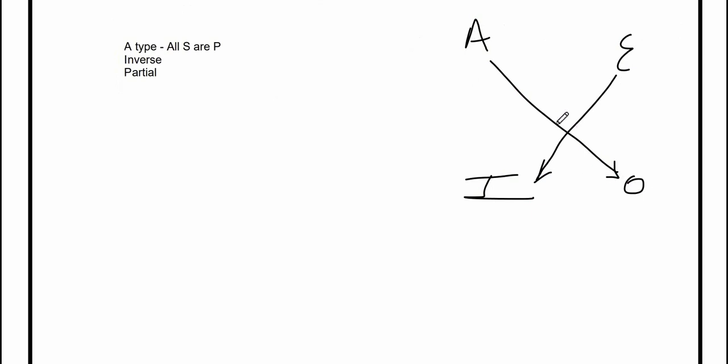This is for the partial, and from A to I and E to O, one-way direction, is for full inverse. So E can be inversed into I type, and A type proposition can be inversed into its O type, partially. If they ask us to do partial inversion, we can do this. But if they tell us to inverse an A type proposition fully, then we have to move it to the I type proposition.